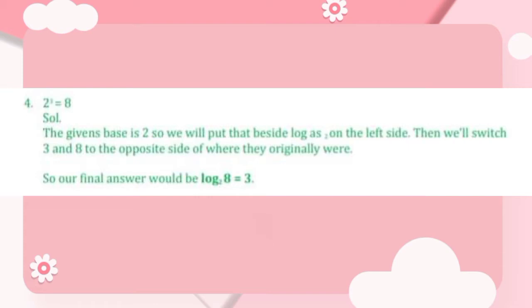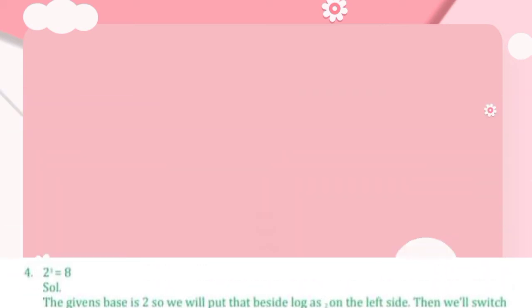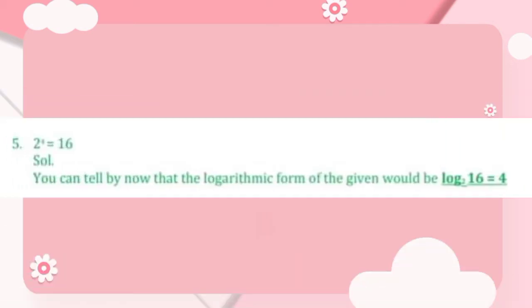Then, we'll switch 3 and 8 to the opposite side of where they originally were. So, our final answer would be logarithm of 8 to the base 2 equals 3. Number 5. 2 to the power of 4 equals 16. You can tell by now that the logarithmic form of the given would be logarithm of 16 to the base 2 equals 4.